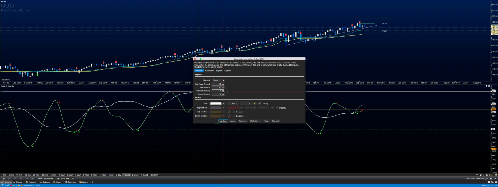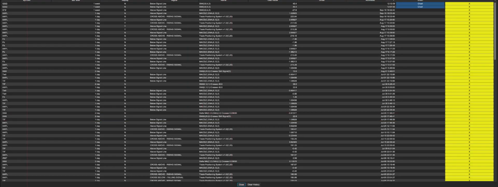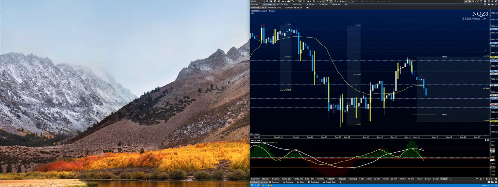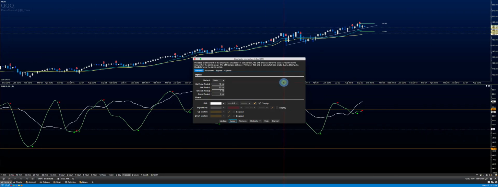Now let me show you what smoothing does to a chart. This is the white line that we're looking at, and so if I move this to a 1, and watch out, I still have my alerts going. Oh, I need to turn those alerts off while we're studying here together. If I am looking at something like that, you'll see how the line gets very choppy. Is it up? Is it down?